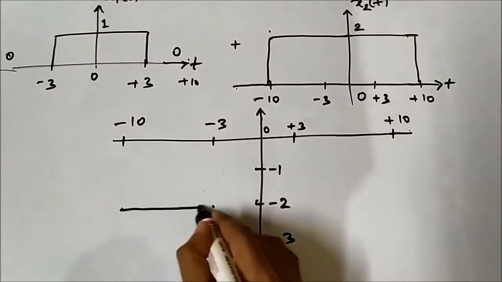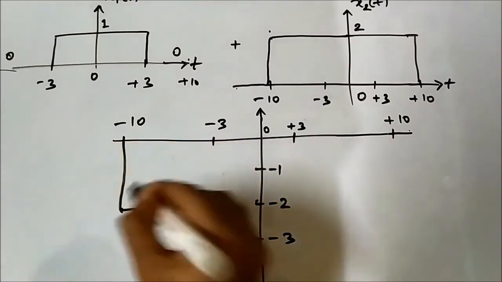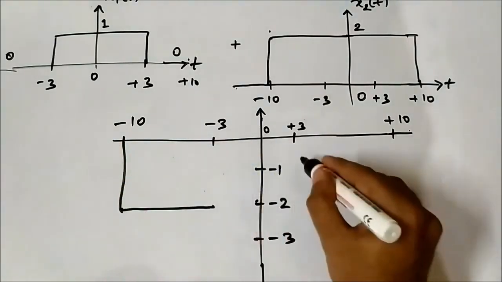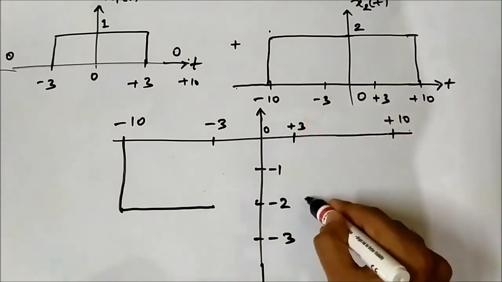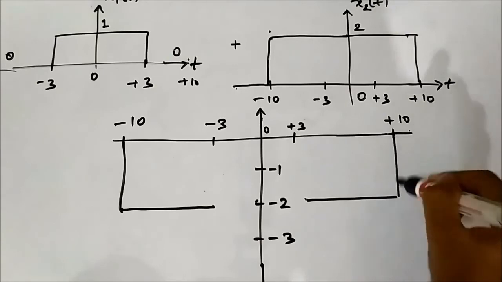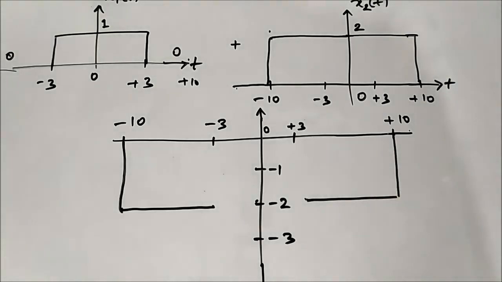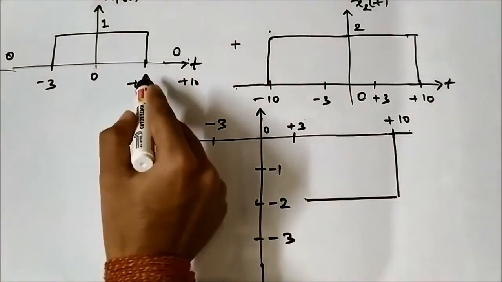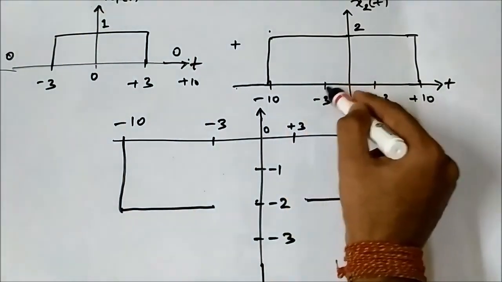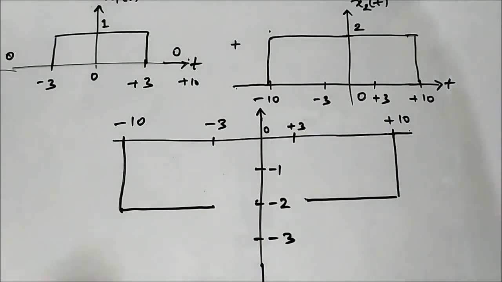From -10 to -3 and +3 to +10, -2. Then from -3 to +3, the amplitude of x1(t) is 1, here from -3 to +3 the amplitude of x2(t) is 2.